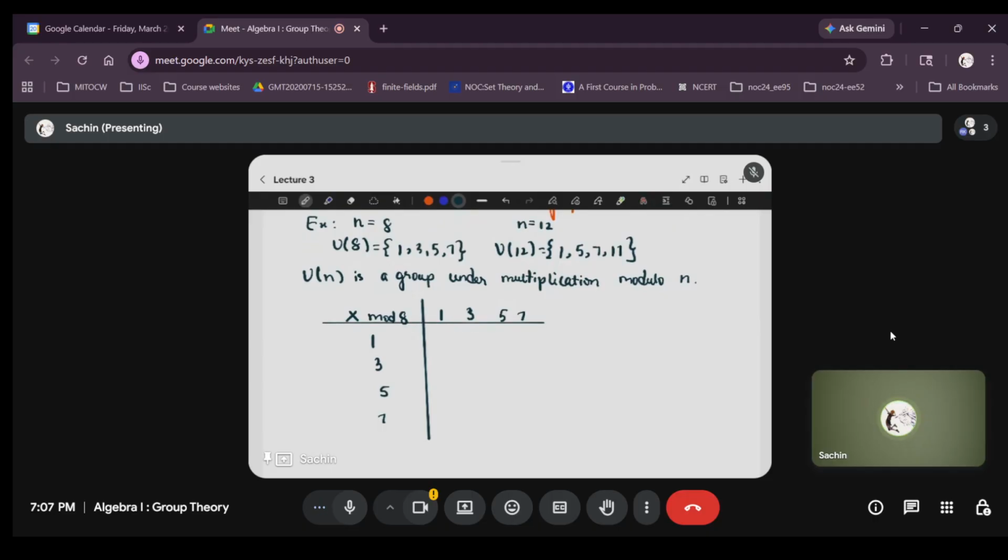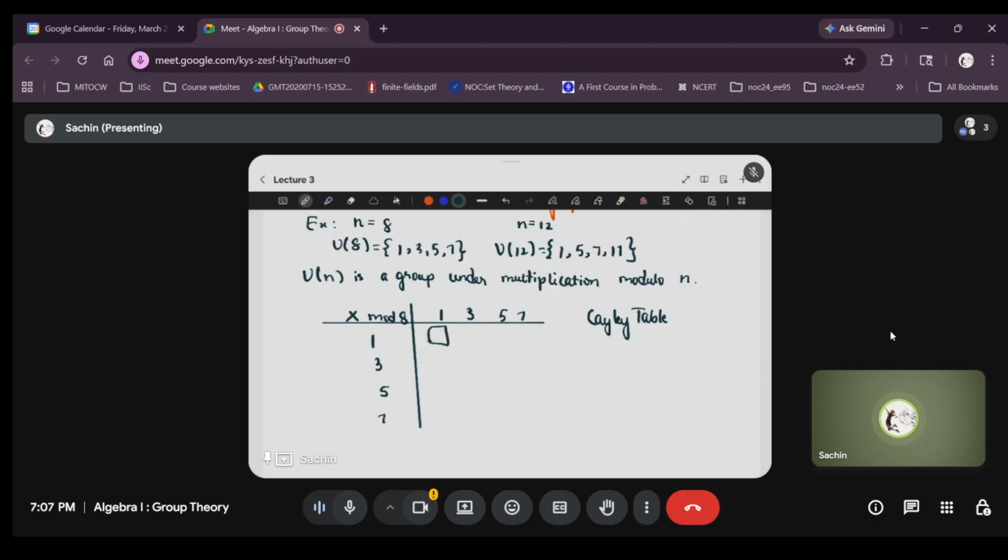For a group, this is called its Cayley table or the group table. So the rows are indexed by the group elements and the columns are also indexed by the group elements.